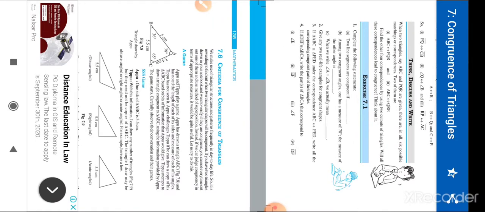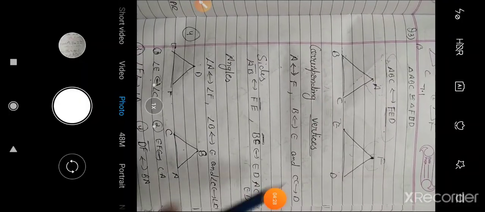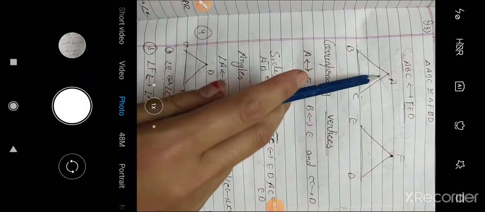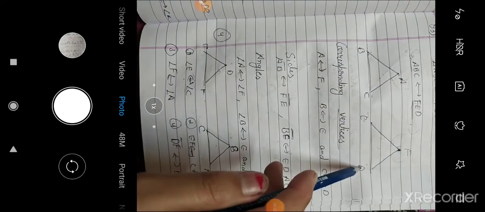Third question is: if triangle ABC and triangle FED are congruent under the correspondence ABC corresponding to FED, write all the corresponding congruent parts of the triangles. For solving this question, first we draw two triangles, ABC and FED.